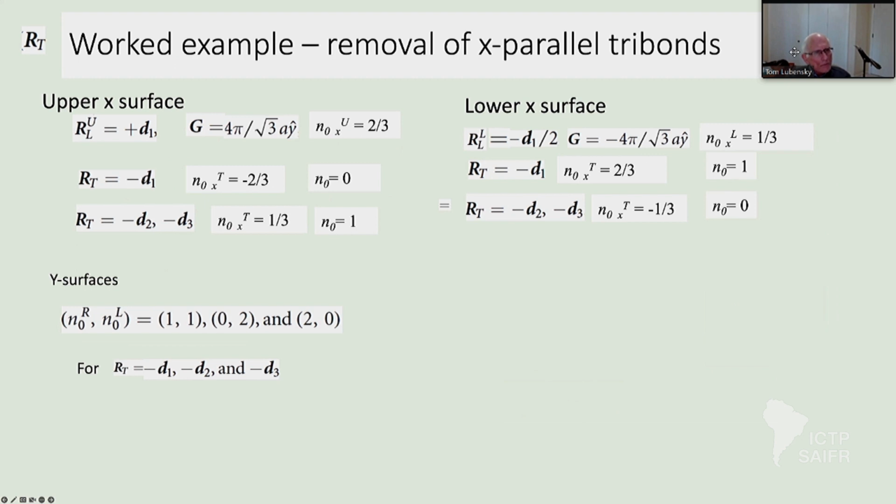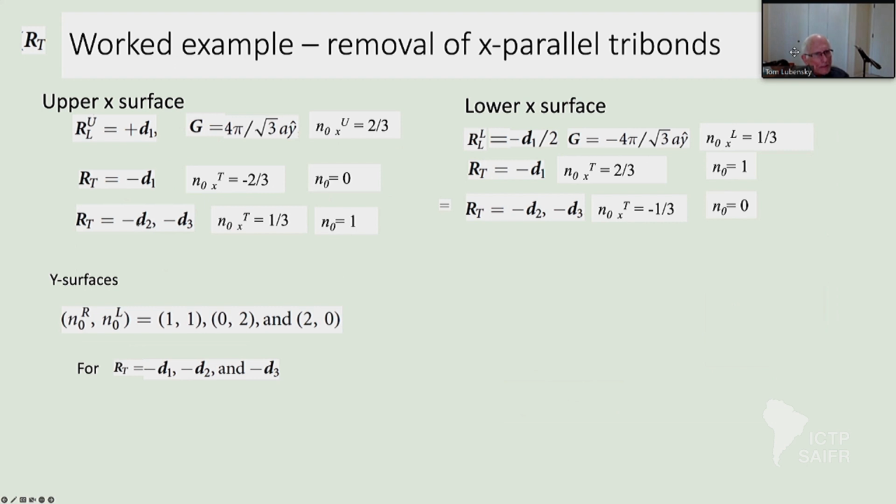If it's minus D1 with a surface that is along D1, then the topological charge here is minus 2/3. So we have no modes of zero energy for this configuration on the top surface, the upper surface. And for the RT, then we have RT is minus D2 or minus D3.